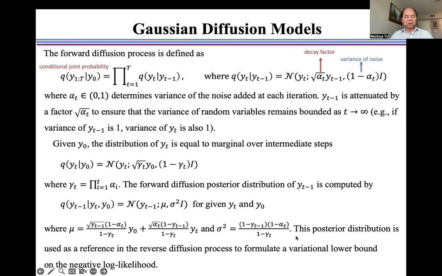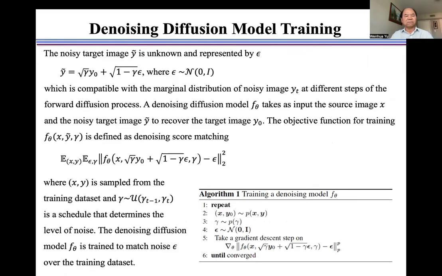The posterior distribution is used as a reference in the reverse diffusion process to formulate a variational lower bound on the negative log likelihood. The noisy target image y tilde is unknown and represented by epsilon as shown here, where epsilon is sampled from a normal distribution, which is compatible with the marginal distribution of a noisy image yt at different steps of the forward diffusion process.